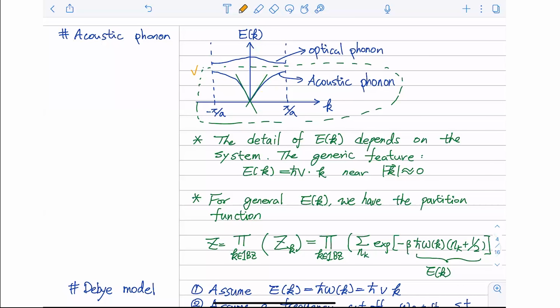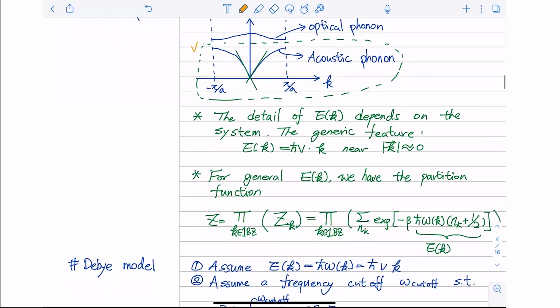There are some generic features for the acoustic phonon. One of the most important generic features is that the dispersion is basically linear near the long wavelength limit, which is the small k limit. Therefore, we would like to have some idea about the implication of this generic feature.